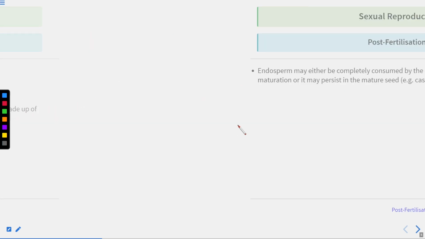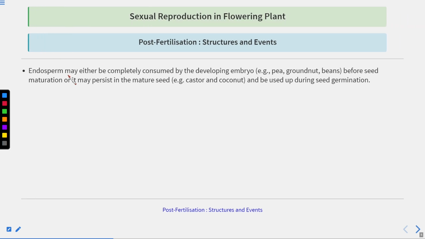Clear? Now, the endosperm may be either completely consumed by the developing embryo before the seed maturation, for example in pea, groundnut and beans, or it may persist in the mature seed as well, such as in castor and coconut, and is used up during the seed germination. Clear?